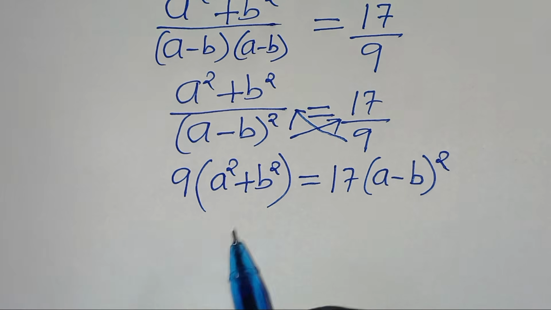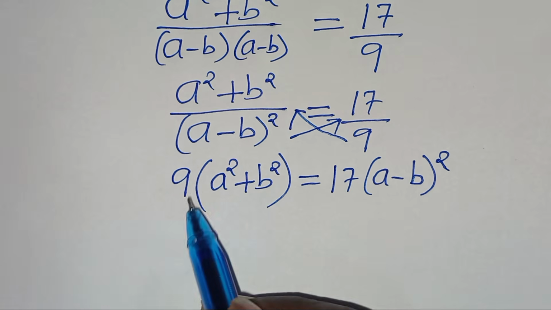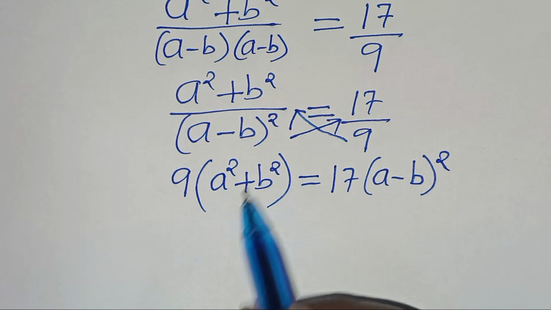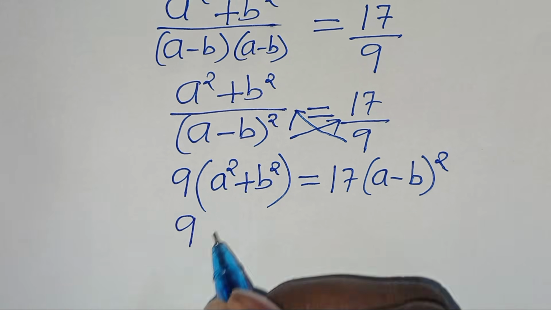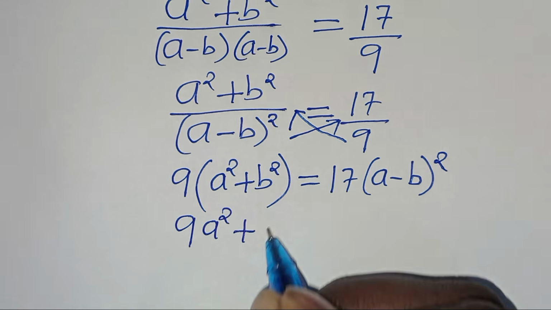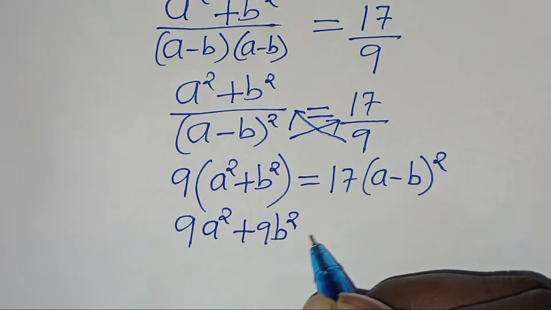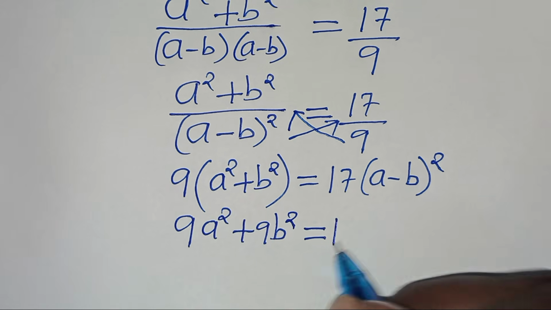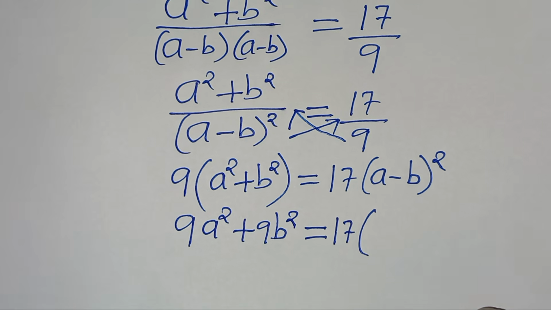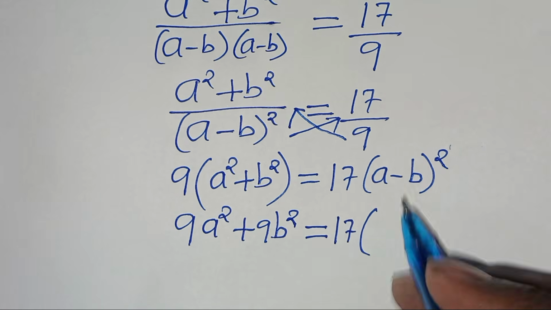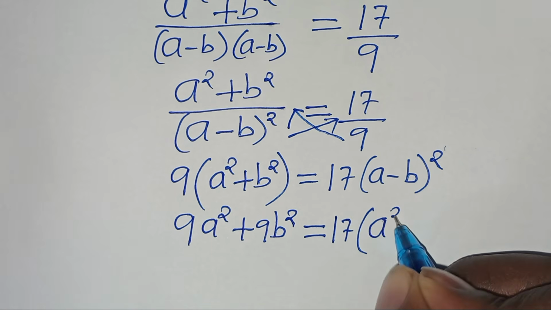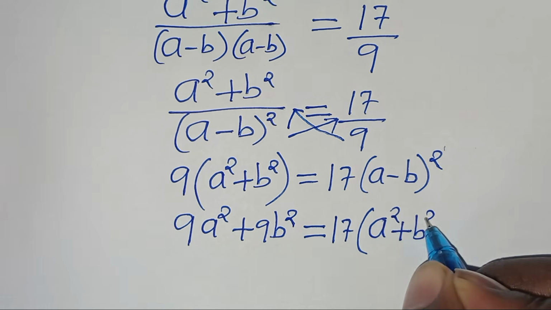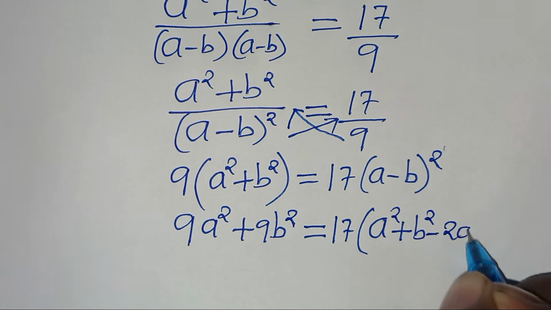Okay, now let's open the parentheses here. So this means we multiply 9 by everything here. 9 times a squared is 9a squared plus 9b squared. This is equal to 17 multiplied by, now let's expand this, a squared plus b squared subtract 2ab.